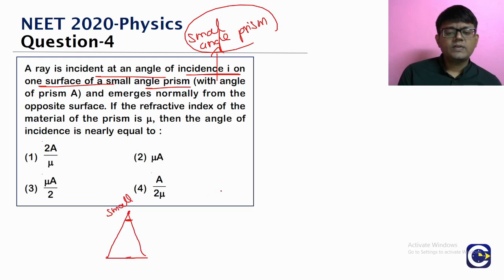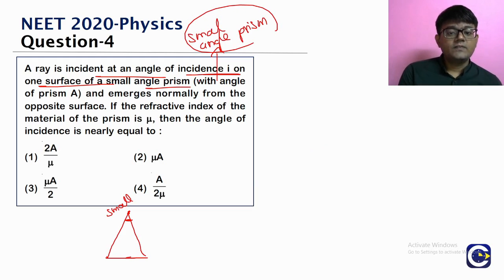Whenever we have a small angle, the simplification we generally do is that wherever we have sine of that particular angle, we can say that sine of the angle will be approximately equal to the angle itself, isn't it? That is the approximation we will do when we talk about small angles.